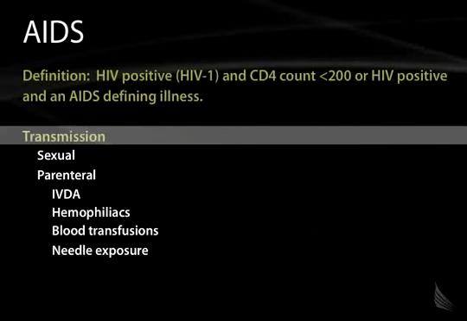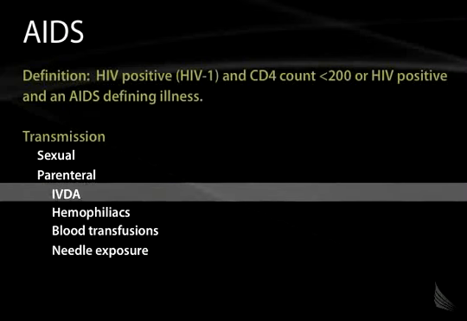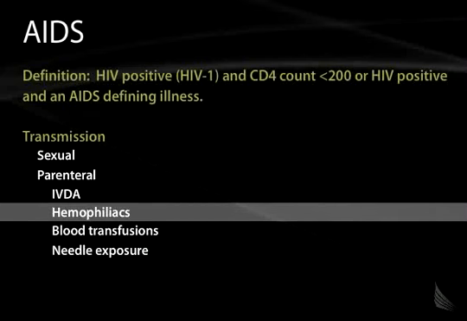The transmission of HIV should be well known to most of you from the various professional and public literature that has been made available over the last 20 years. However, we will review it briefly. HIV can be transmitted through sexual practice or parenterally through IV drug abuse. Hemophiliacs were exposed to this disorder when we were unable to screen our blood supplies in the U.S. and in other countries.